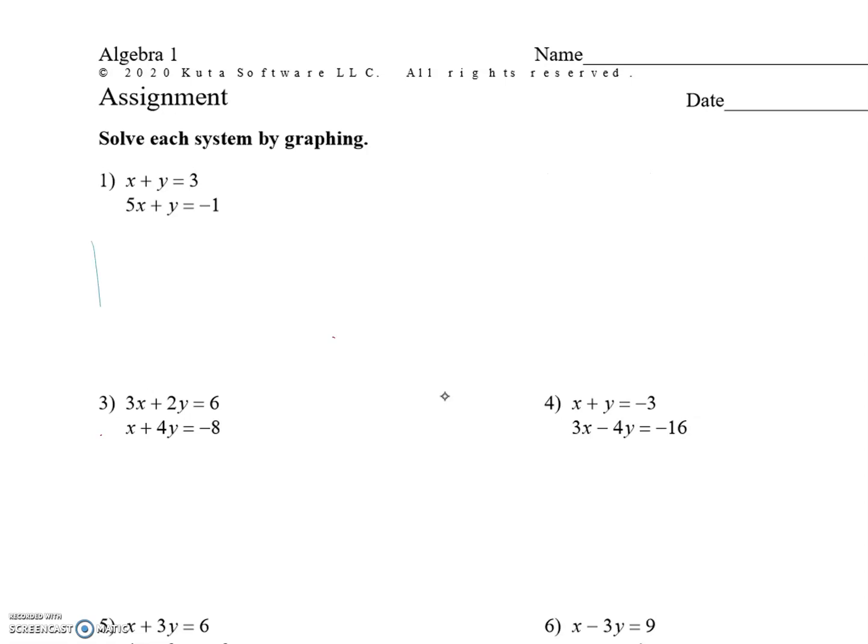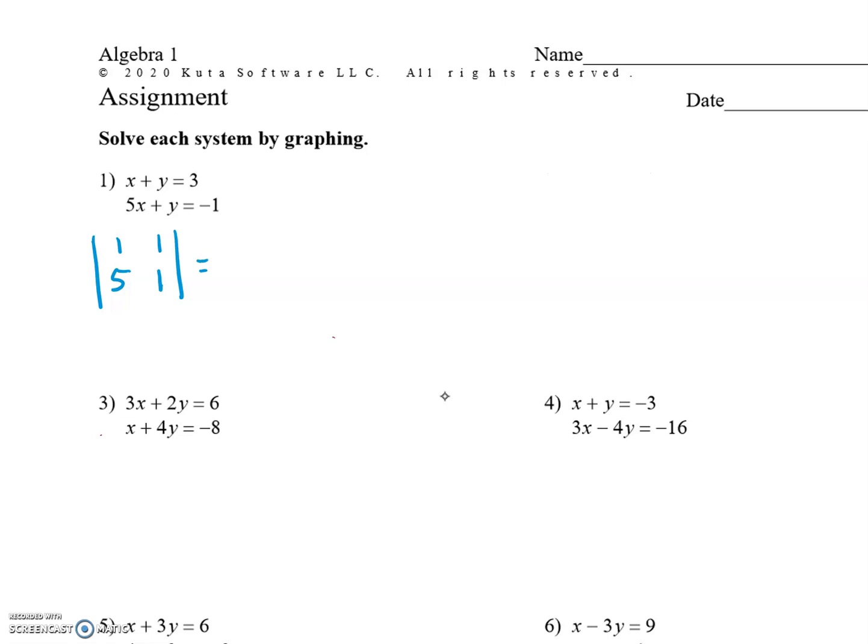So that's going to take my coefficients from the x's and the y's. So that's 1, 1, 5, 1. So that's going to be my denominator for both the x and the y. So I'm going to go ahead and solve that one so I don't muddy up the rest of my work.